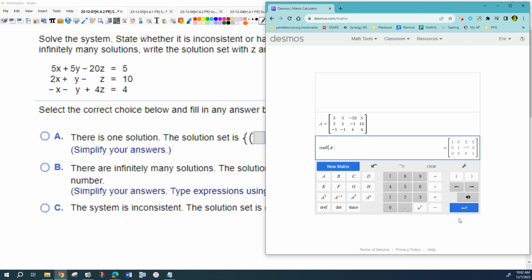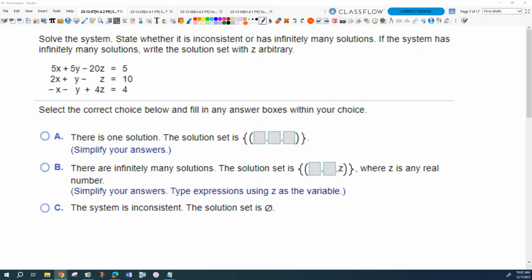So what happened here? 2, 1, negative 1. Oh, never mind. No, that's right. That one we said was no solution, right? Yeah, that's right. So I just picked a bad problem. I didn't pick the right problem. Let me grab a better problem.